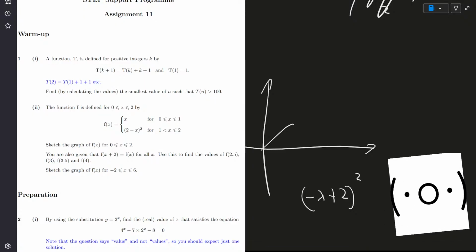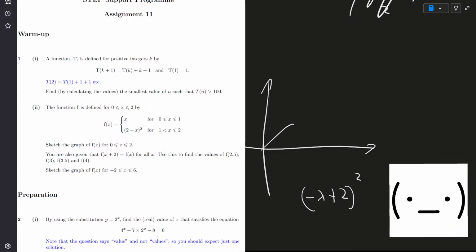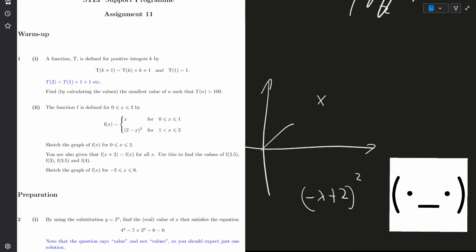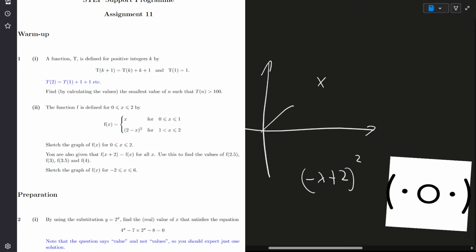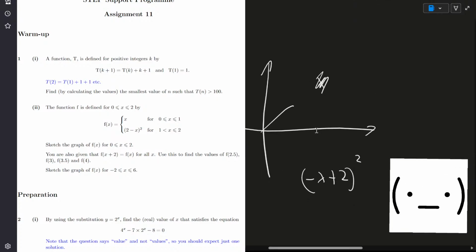Turning point is at 2. When it's 2, it actually equals 0, so it's actually here.